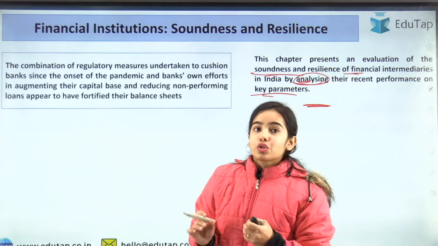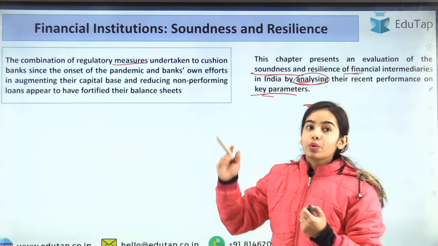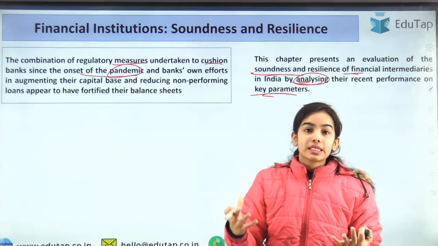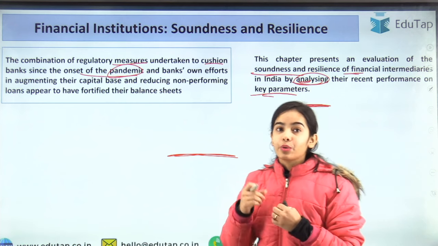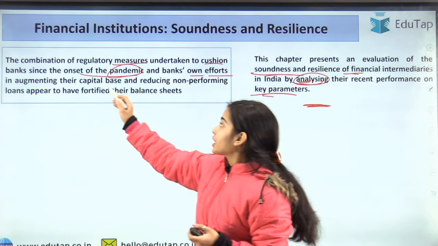The combination of the regulatory measures taken by the Reserve Bank of India to cushion the banks since the onset of the pandemic, since COVID started, the Reserve Bank of India wanted to maintain a good foundation for the banks, for the financial system of our country. And the banks' own efforts in augmenting their capital base.